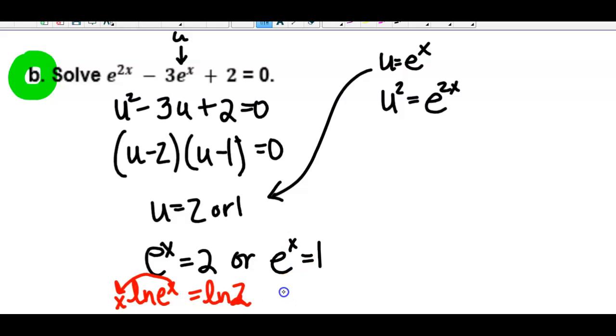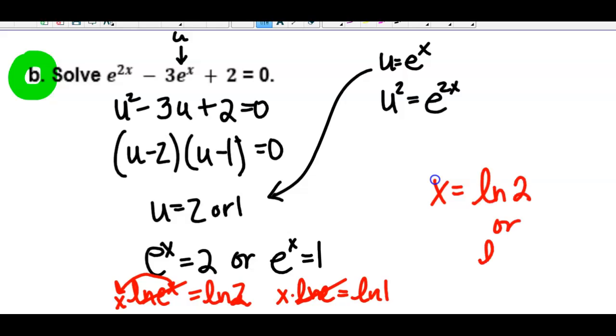And over here, we can do the same thing. So this is 1, and this is 1. So we have x equals either the natural log of 2 or the natural log of 1. Now, you can also approximate those with decimals, but those are the exact answers.